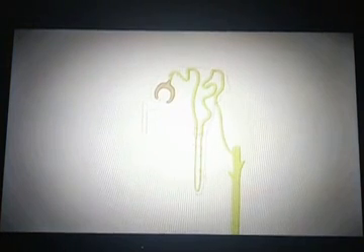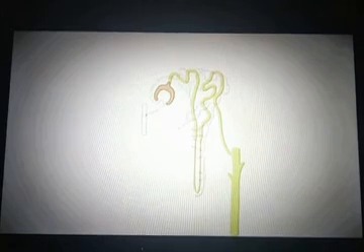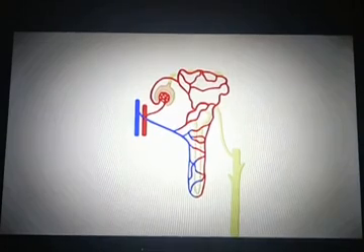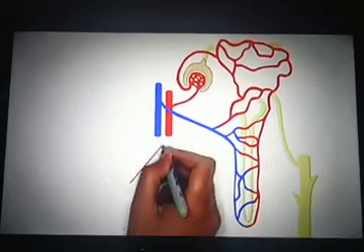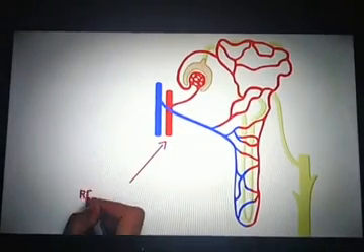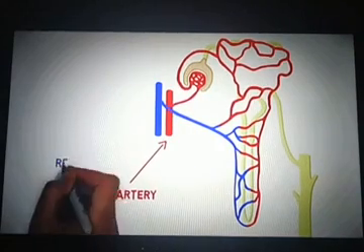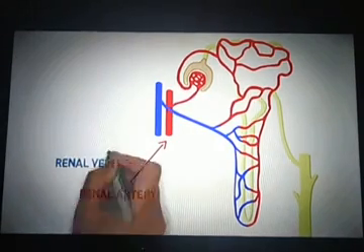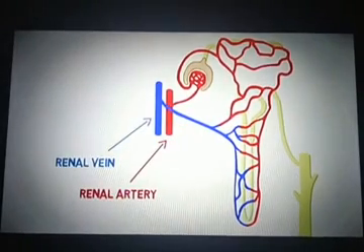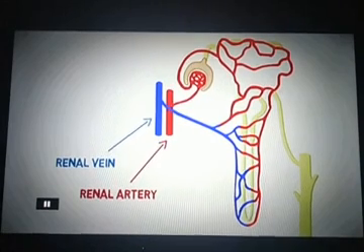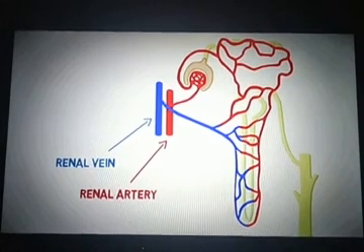If we see the total structure of the nephron, it is overlaid by a large number of blood capillaries, which are called the peritubular capillaries. You can see two colors, one in red and another in blue. The one in red is the renal artery, which brings the impure blood, meaning blood that has a large number of waste products in it.